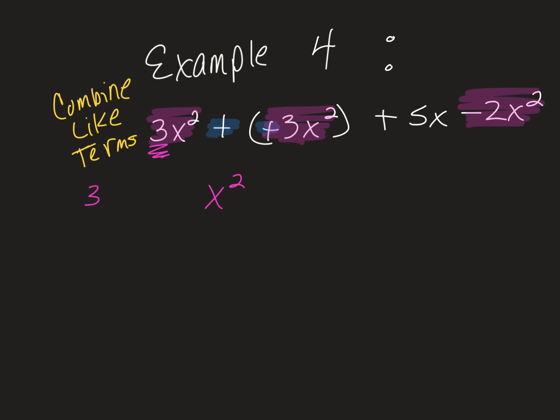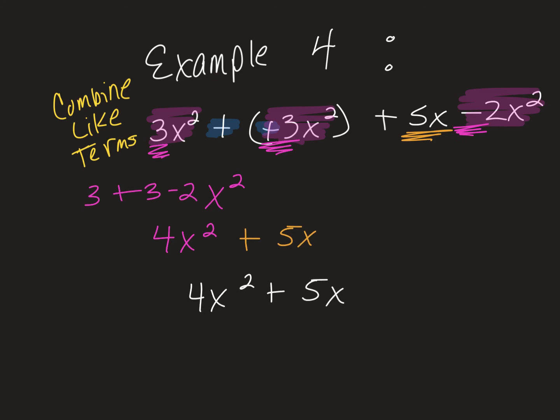So 3 plus 3 minus 2, 3 plus 3 is 6, 6 minus 2 is 4, x to the second, and then we have just the regular old 5x, and we don't have any other x's to combine that with, so it is just going to stay not combined with anything else. And so we don't have any more like terms. We do have the same variables, but we don't have the same exponents, so that means that this one is as simple as it's going to get.